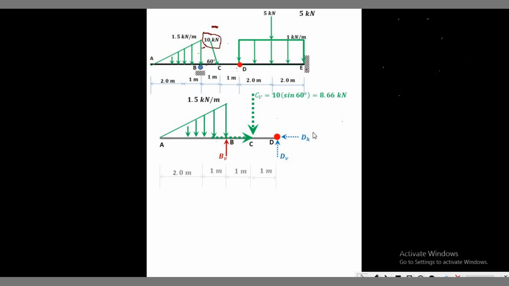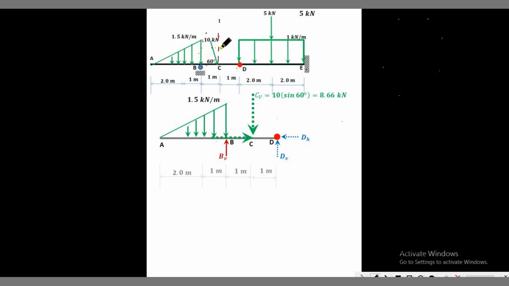Paano ko ulit nakuha itong 8.66 na to? If I'm going to draw here the vertical component for this 10 kilonewtons, ito yung 10 kilonewtons, ito yung vertical component. Diba this is 60? Yung vertical component nitong 10 kilonewtons ay opposite nung 60 degrees.